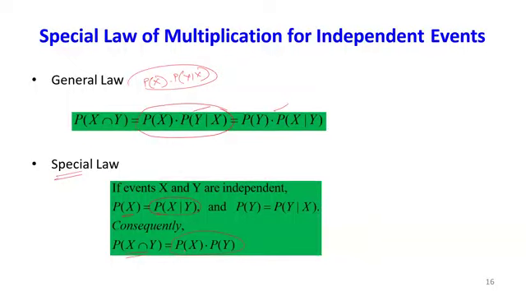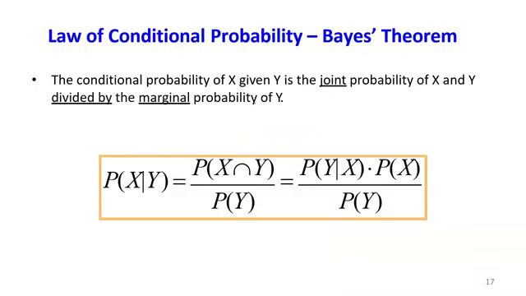The marginal probability is considered when these two events are completely independent, so one event is not dependent on another, and then the product of these marginal probabilities would be equal to the joint probability. If any of the events are dependent on the other event, then you go with the formula where you consider one probability as a conditional probability and another as a marginal probability. That is known as the law of multiplication.